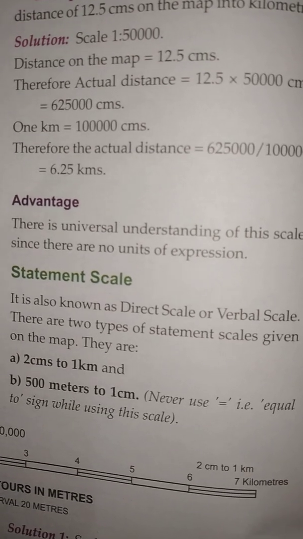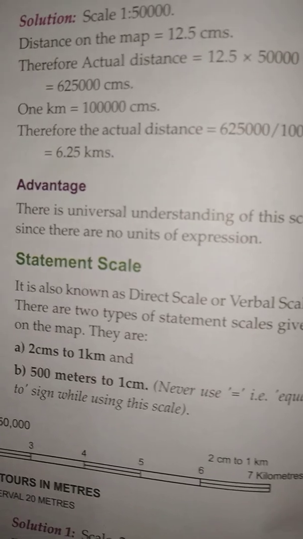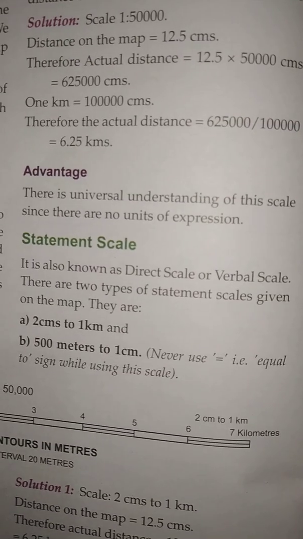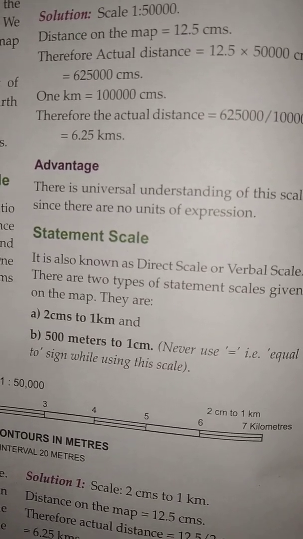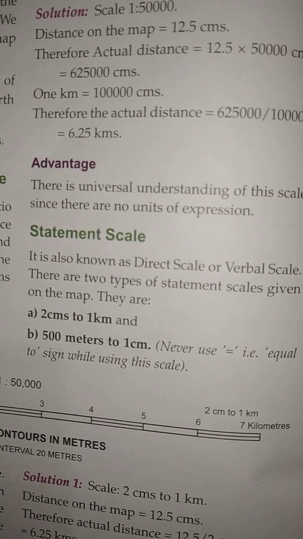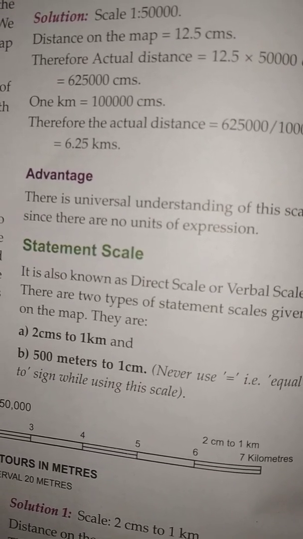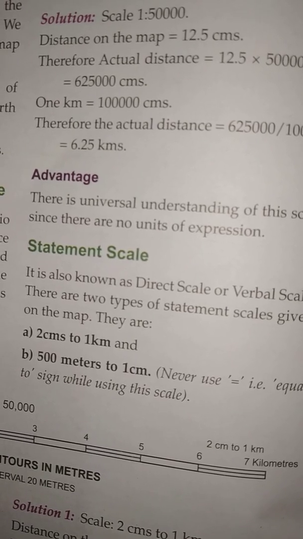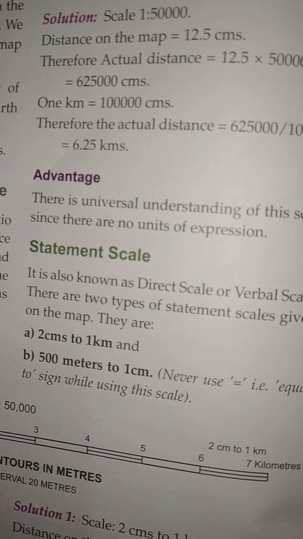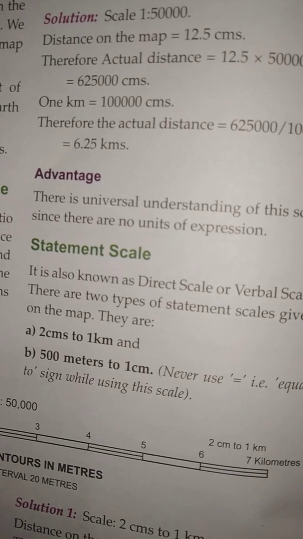Now let us try to find out the advantages of this RF scale. There is universal understanding of the scale since there are no units of expression. Since it is not fixed, we are not using any centimeter or kilometer, so it is up to us whatever unit we want to use.